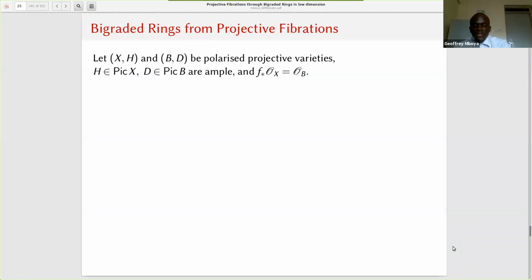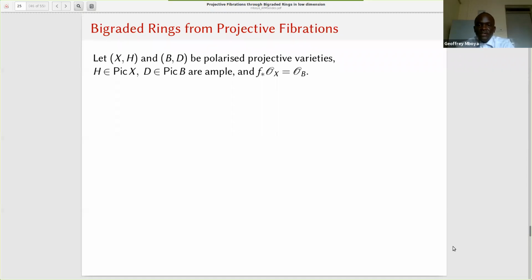So the title talks about how projective fibrations are related to bigraded rings. I will let (X, H) and (B, D) be polarized projective varieties, where H and D are line bundles on X and B respectively.